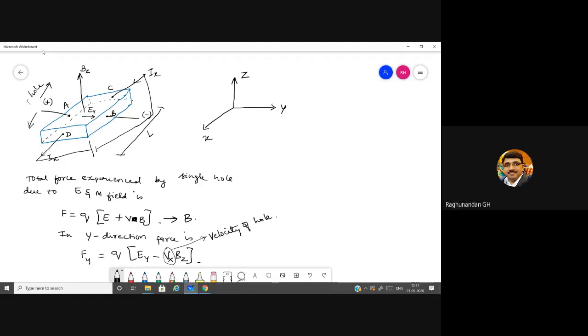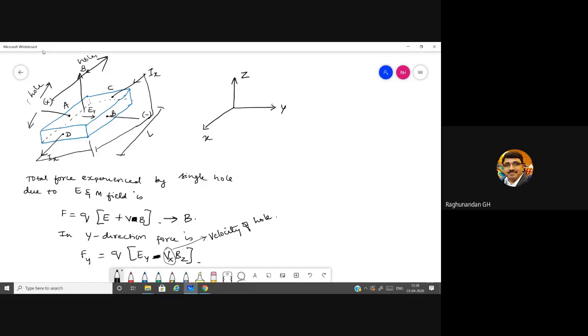Hole is moving from positive to negative, in this direction. But Ix we are taking from negative to positive. So Ix and the holes are opposite to each other. So the velocity of this hole is in the opposite direction compared to Ix. That's why we should take it as minus.